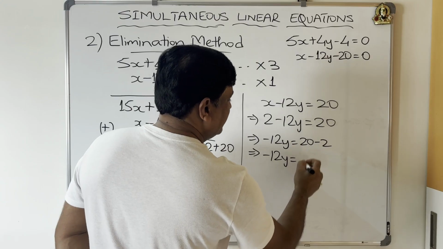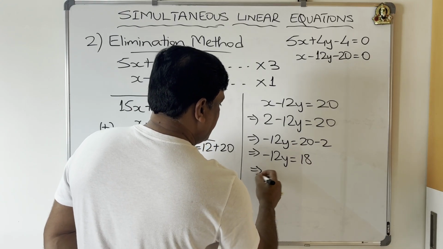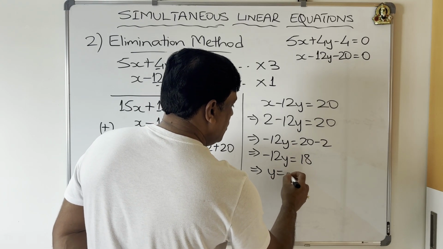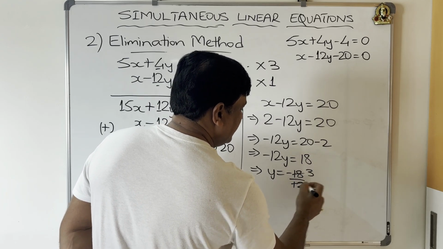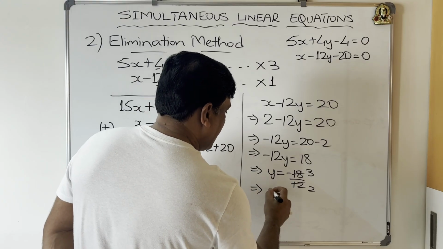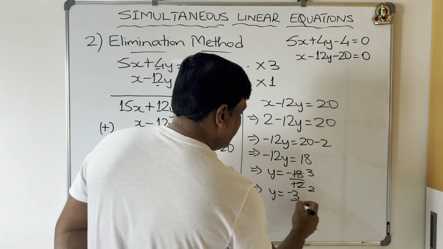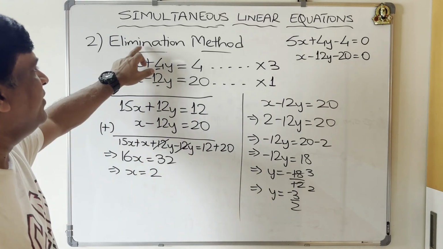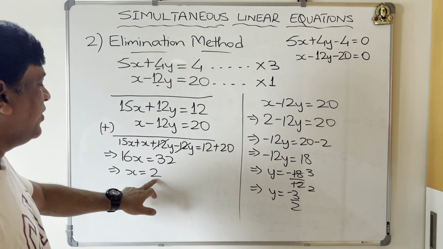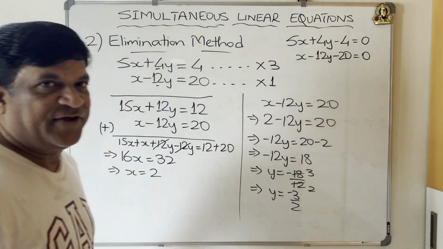Minus 12y is equal to 18. That means y will be equal to minus 18 by 12. So 6 3s are 18, 6 2s are 12. So your value of y is equal to minus 3 by 2. Did you get the same value as the previous one? When we used the substitution method, we got x as 2 and y is equal to minus 3 by 2.